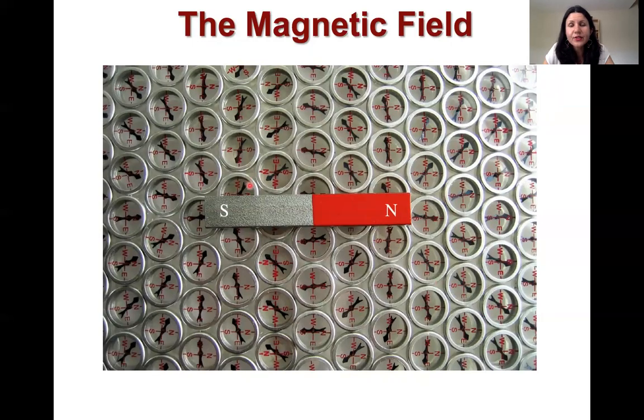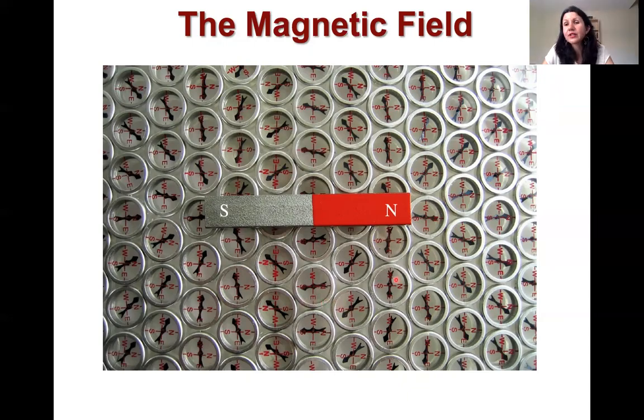What they will do is, as you could see in this picture, they line up with the magnetic field. So if you look carefully, you really get kind of these loops that you see if you follow the direction of the arrows where these compasses point. So you could see kind of right above the magnet, it's almost parallel, same here.